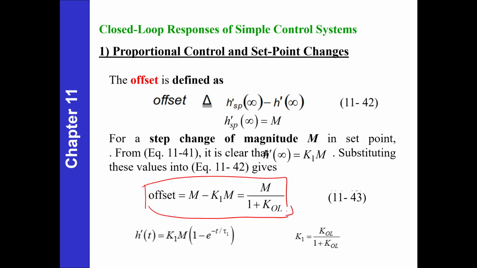When we want a m as our set point, but it only managed to get k1m, the difference between am minus k1m is the offset.